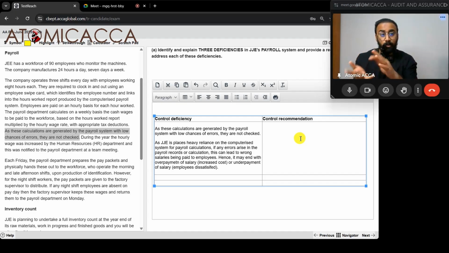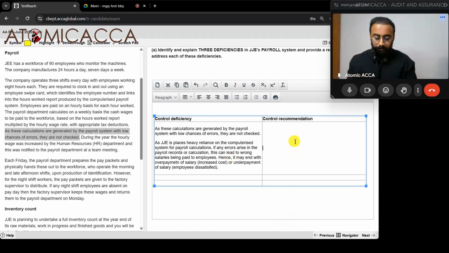First, you can start with a flip point, meaning here computerized system is there, manual rechecking is not happening. So you can write over there as a recommendation, manual rechecking should happen. Now that is just a flip point, but you should not stop over there. You should add more points. That is just to get the starting.